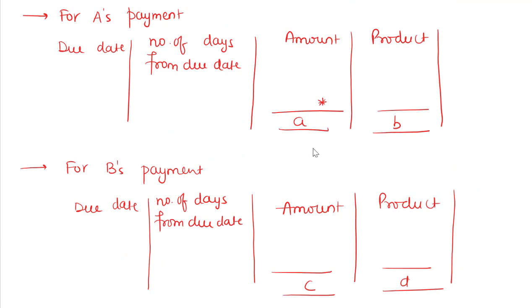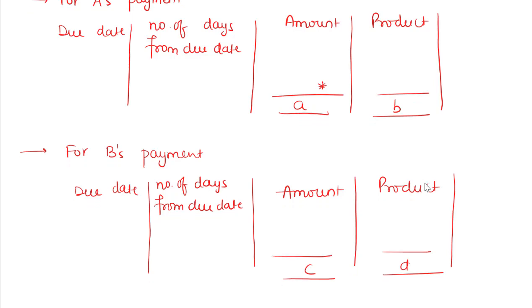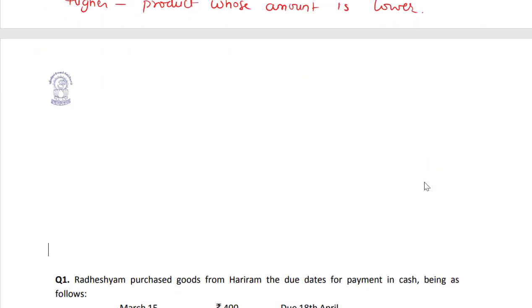Supposing A is the higher amount, so difference in amount is A minus C, and difference in product is B minus D. I believe you understood this. Let us continue.